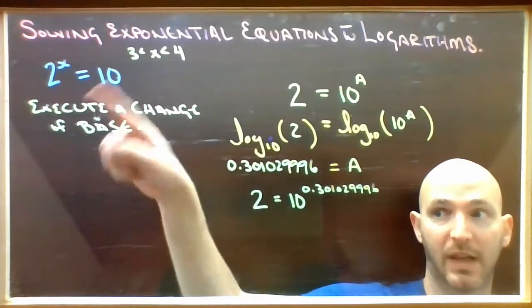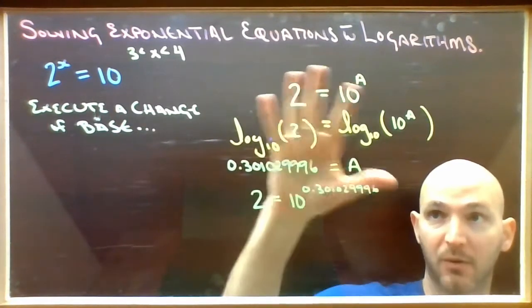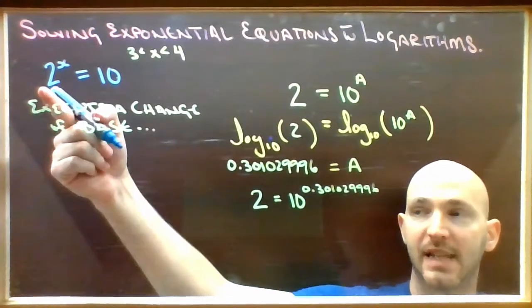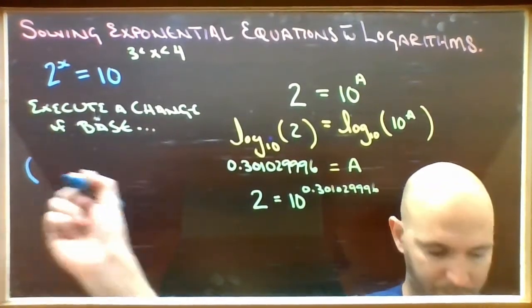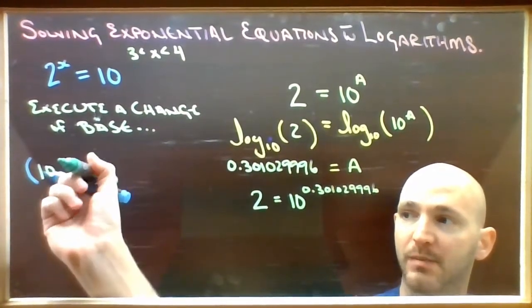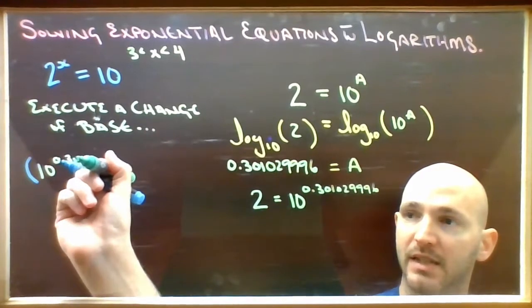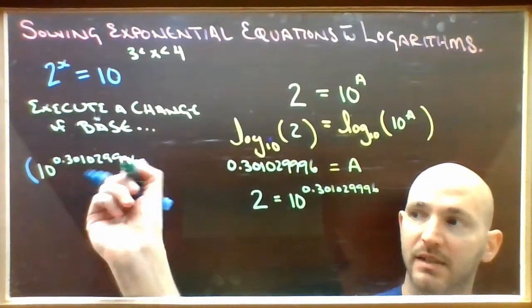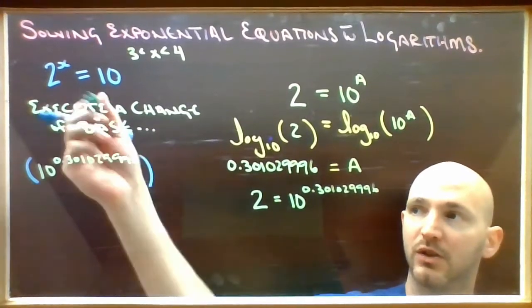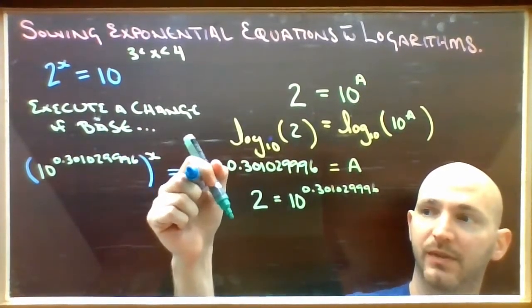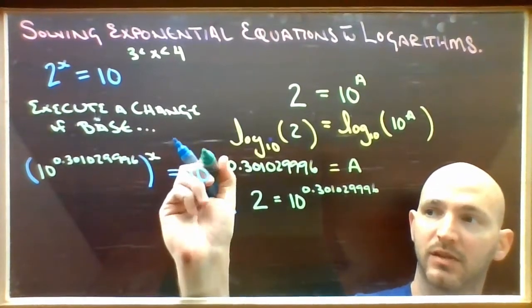So I'm going to do that over on this question, and then I'm going to erase this mess so I have some room. So instead of a 2, I'm going to write 10 to the exponent 0.301029996 to the exponent x equals 10 to the 1.